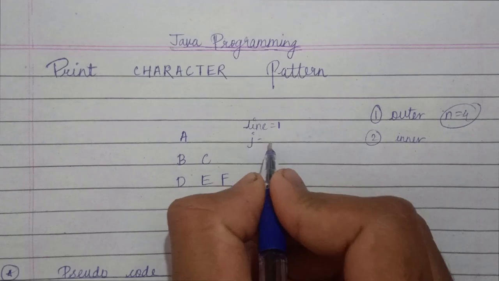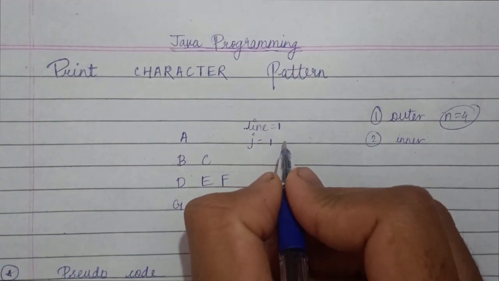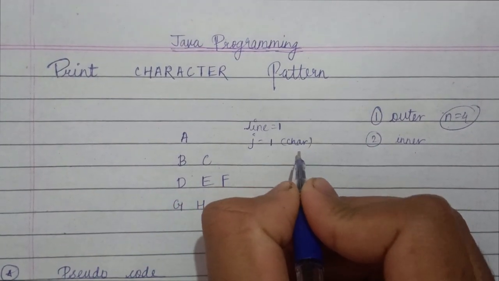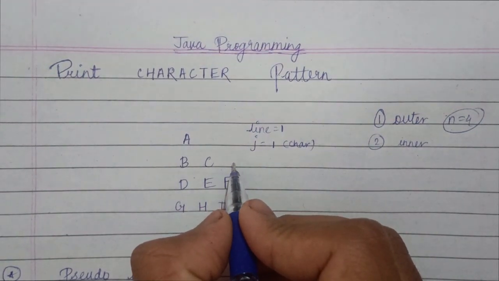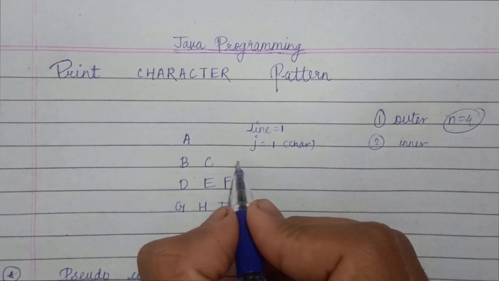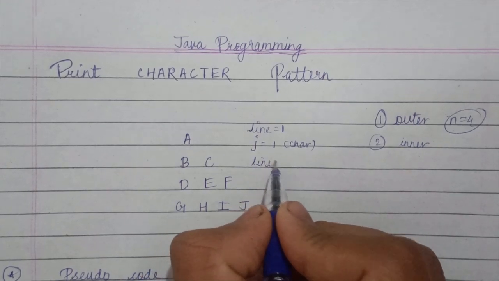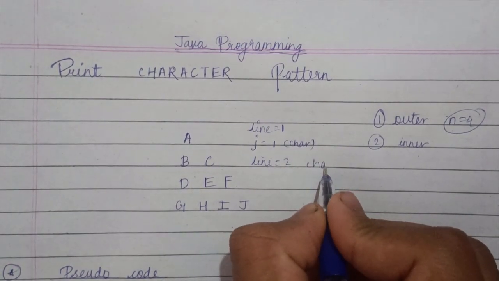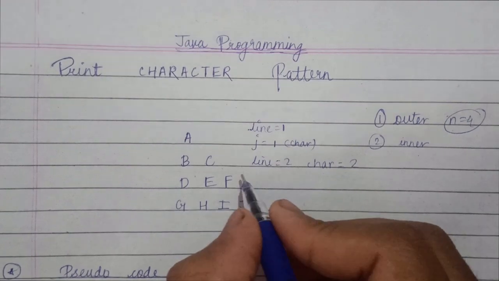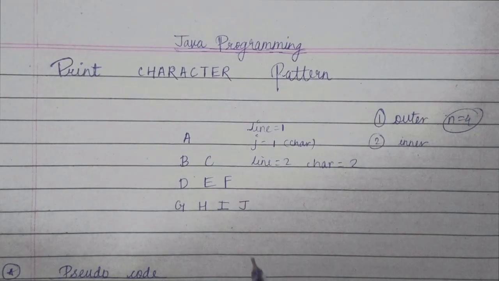We have to print one character only, that is a. Now in the second line, line 2, how many characters do we have to print? We have to print two characters here, b and c.